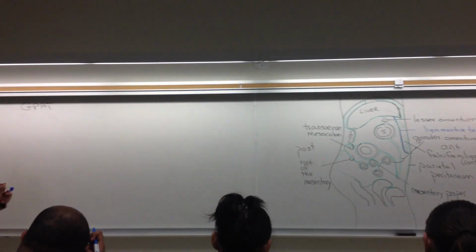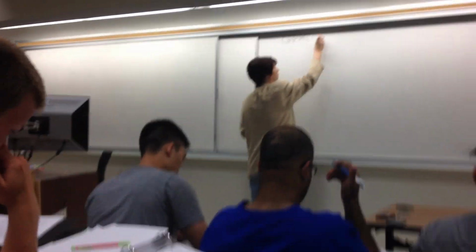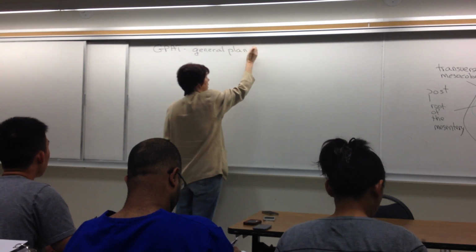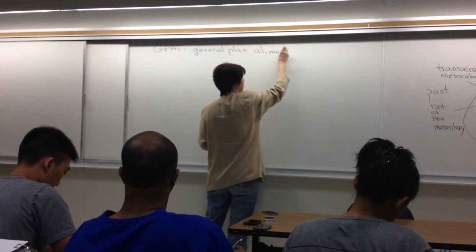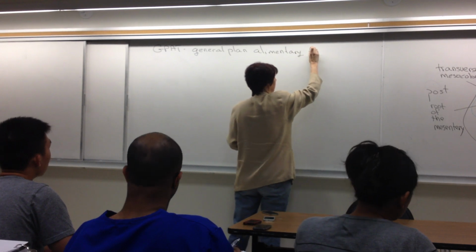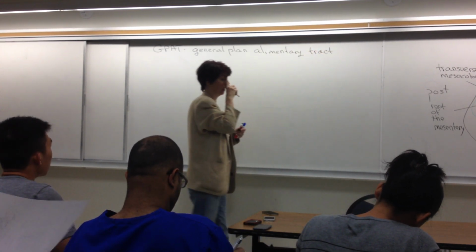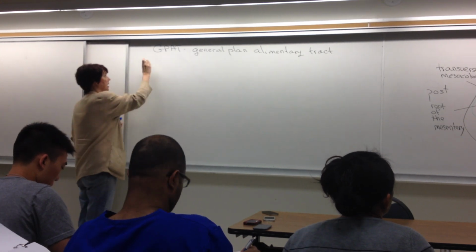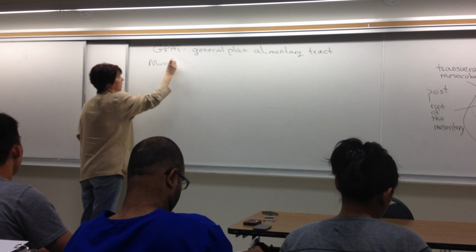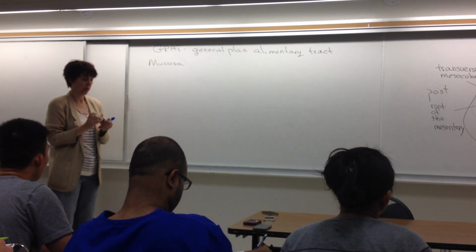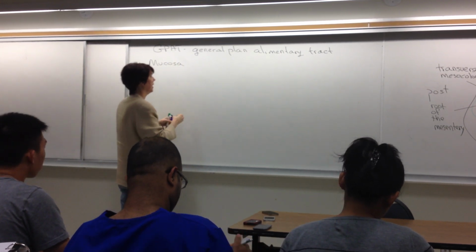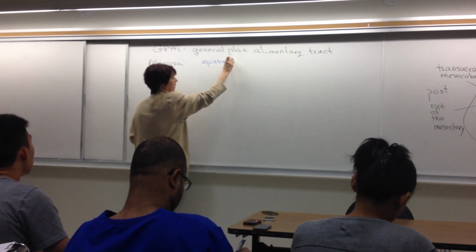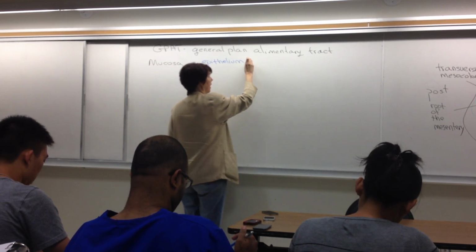So this is known as the GPAT. It's an abbreviation for General Plan of the Alimentary, which means digestion. And we start out, again, from inside to outside, with the mucosa. The mucosa is going to be epithelium of two types.